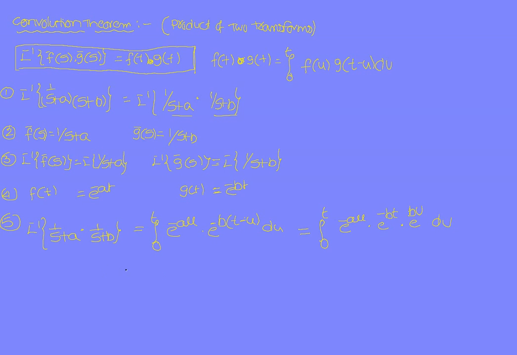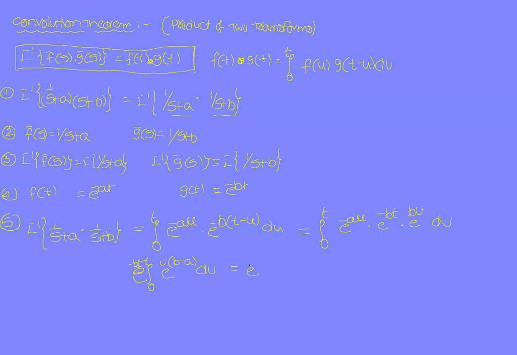So you can write this as the integral 0 to t of e power minus au. Here e power minus bt is independent of the integration variable, therefore you can write it outside of the integration. e power minus bt into the integral 0 to t of e power minus, you take common, you are left with b minus a, du.